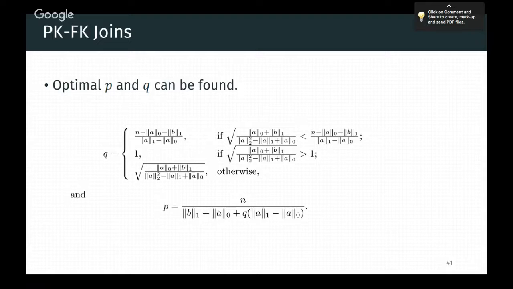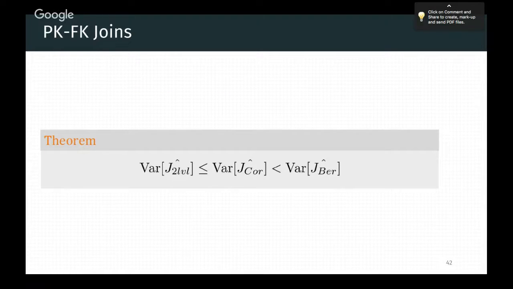As long as we can find optimal p and q to minimize the variance, our variance is almost always smaller than correlated sampling. So in primary key-foreign key joins, we can find the optimal solution for p and q, and our variance is smaller than or equal to that of correlated sampling, and smaller than Bernoulli sampling.